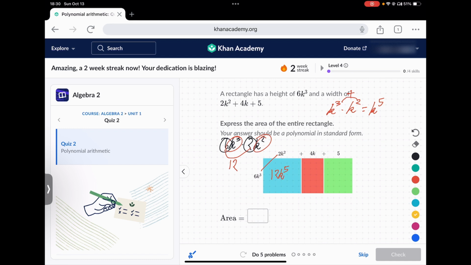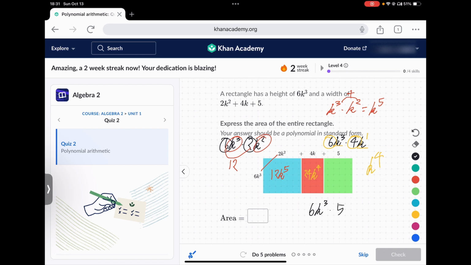And the next one will be 6k cubed times 4k. Same way, coefficients: it's going to be 24, and k cubed times just a k, which is k to the power of 1. So it's going to be k to the power of 4. And the last one is 6k cubed multiplied by 5.